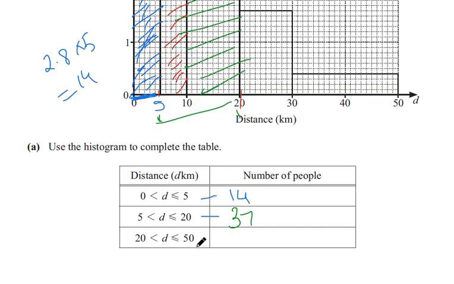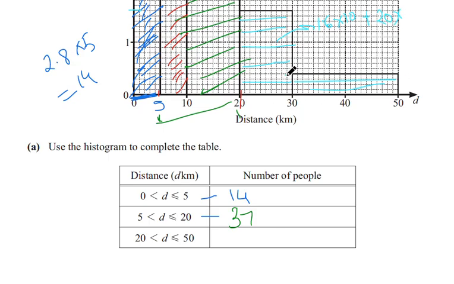And now the last one is between 20 to 50. 20 to 50 is these two rectangular bars again, and we have to find out similarly the number of people in this interval plus this interval. So let us find the areas separately and add them together. For this, let's check this line carefully. So it is 1.6 times 10 plus this one, 30 to 50 means 20.